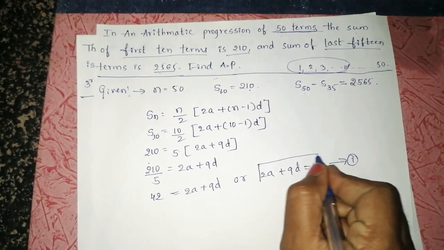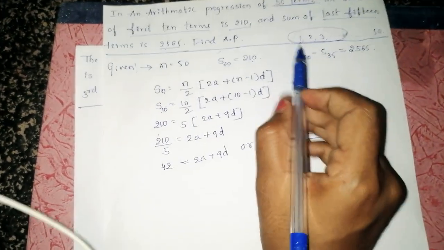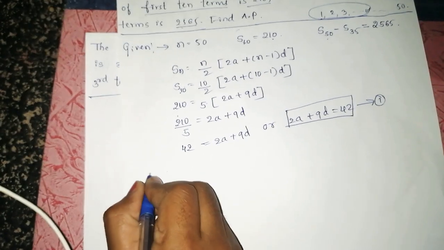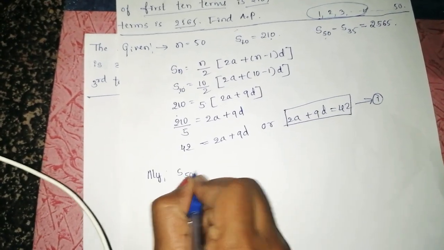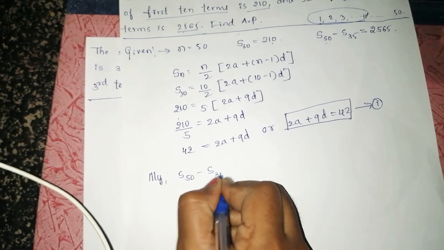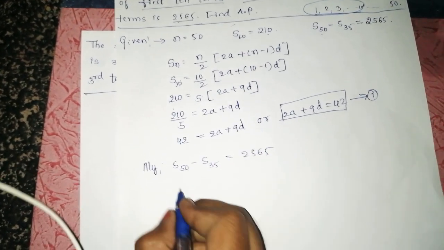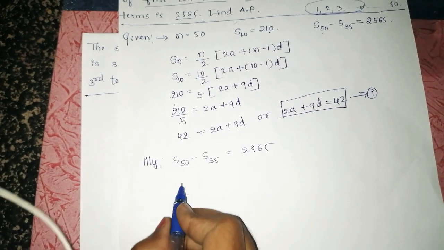So here you are going to get one equation, and also take another one, that is S50 minus S35. Similarly, S50 minus S35 is equal to 2565. In the Sn formula you put n is equal to 50 and n is equal to 35 and simplify.